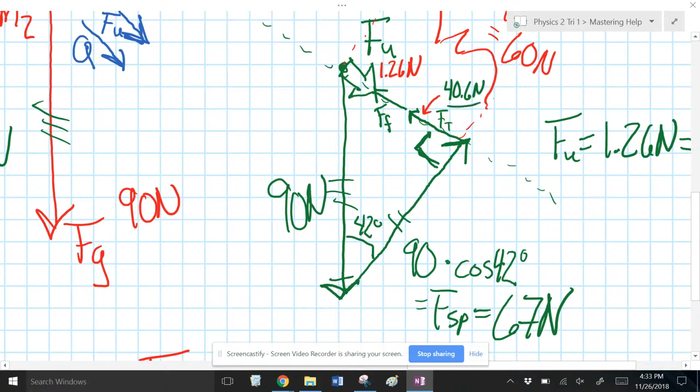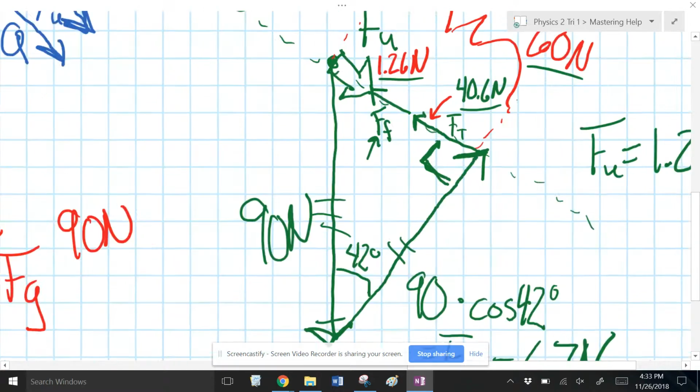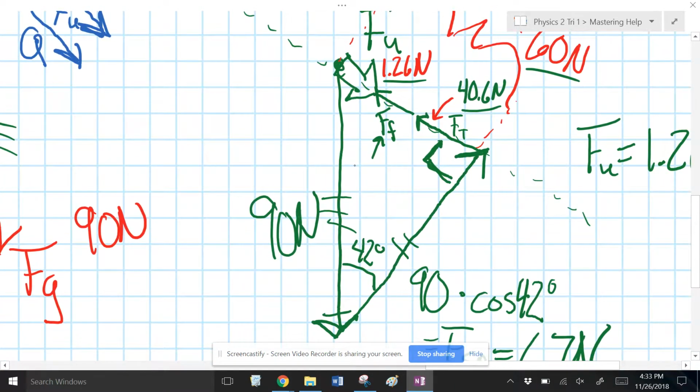All right, so this is 40.6 newtons. That's 1.26 newtons. This whole thing's got to be 60. So that tells me the friction force has to be, can we really embiggen this bigger? Let's see. 60 minus 1.26 minus 40.6, that's going to equal the frictional force.